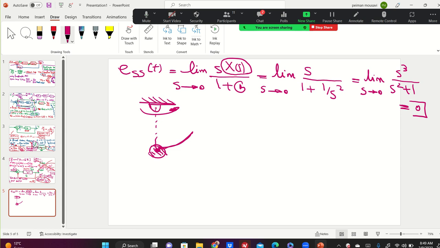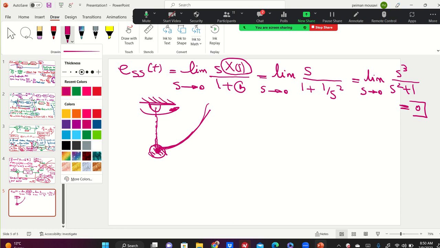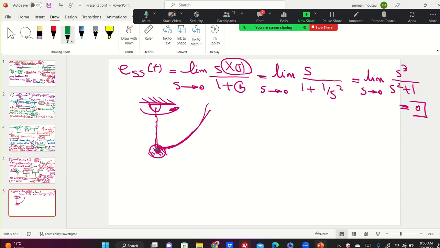If you hit the pendulum with a huge impulse force, like boxing, it may fly, but at the end it's going to come back here. So the behavior of the pendulum is going to follow the behavior of the input impulse. It goes back and stays here.